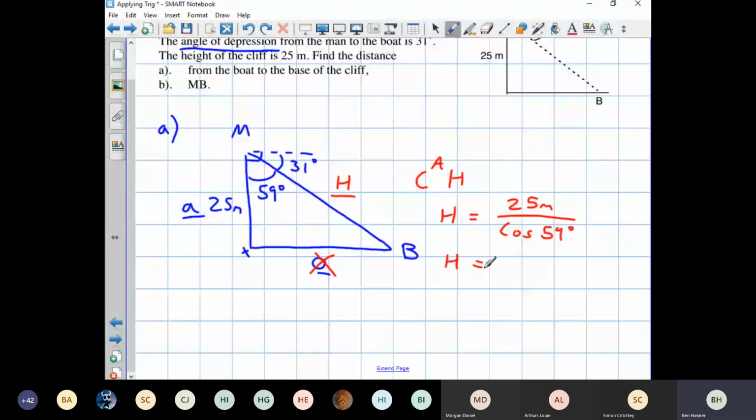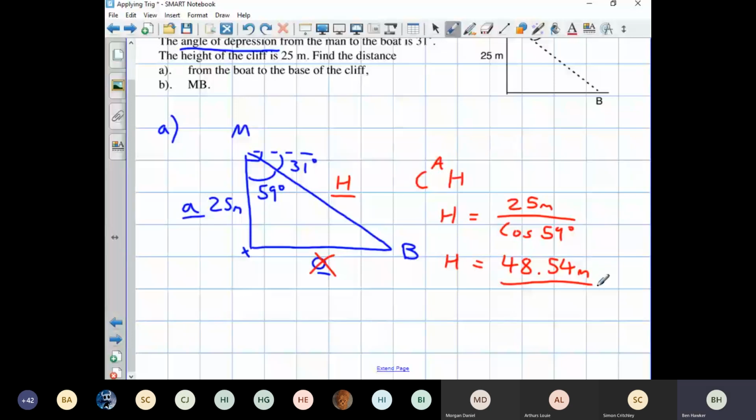Therefore, H is going to be equal to 48.54 meters, and that makes sense because it's longer than the opposite. So a real quick check to make sure I've done something correctly is that the hypotenuse is the longest side. Okay. Hopefully we're all okay with that.